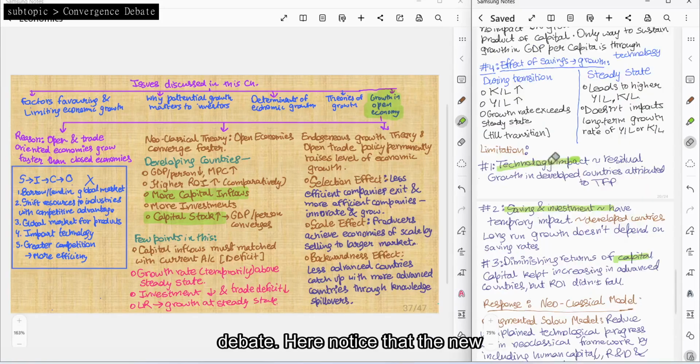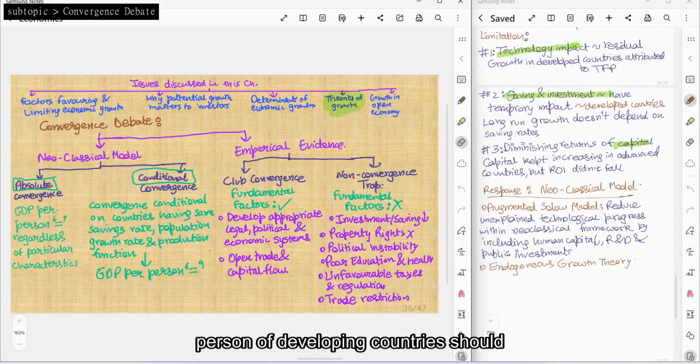Here, notice that the neoclassical model only says that GDP per person of developing countries should catch up with GDP per person of developed countries due to the impact of capital and technology. So the neoclassical model suggests two types of convergence, absolute convergence and conditional convergence.